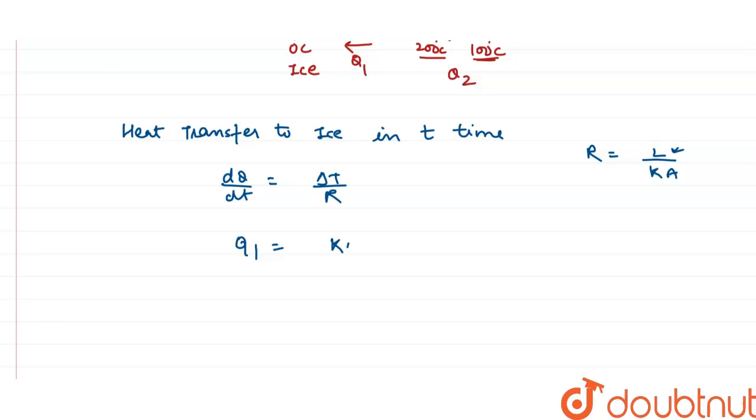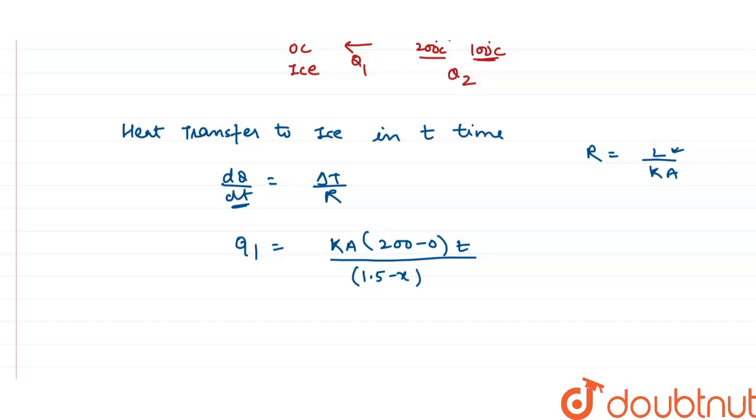So it will be KA into 200 minus 0 into t upon length, which is 1.5 minus x. From the ice end the length becomes 1.5 minus x.